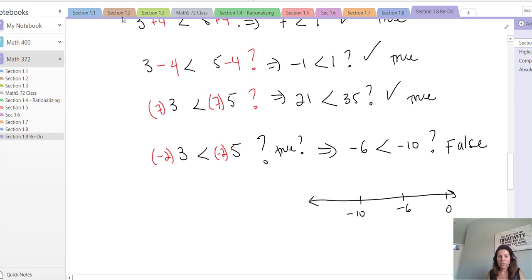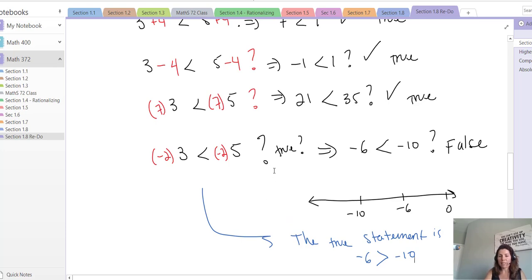So the true statement here is that -6 is actually greater than -10. That means we have to flip the inequality to retain the truth of the original statement.